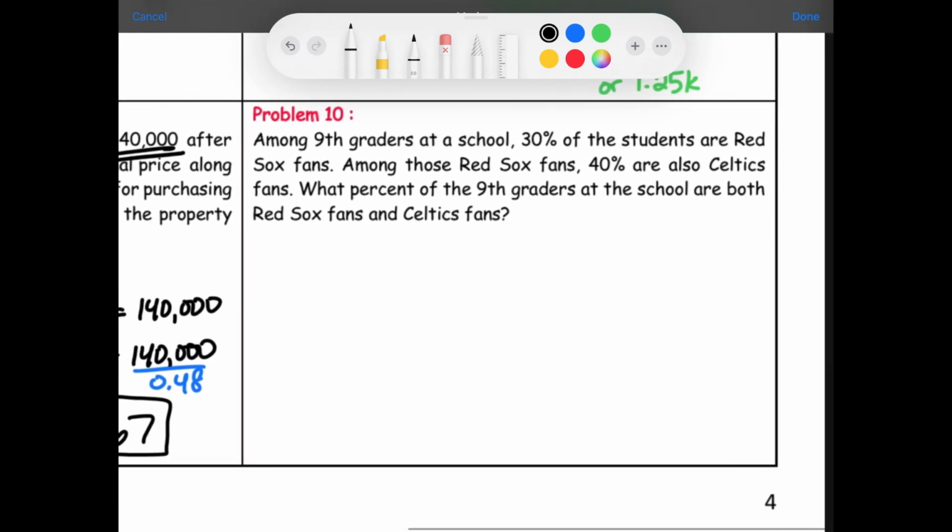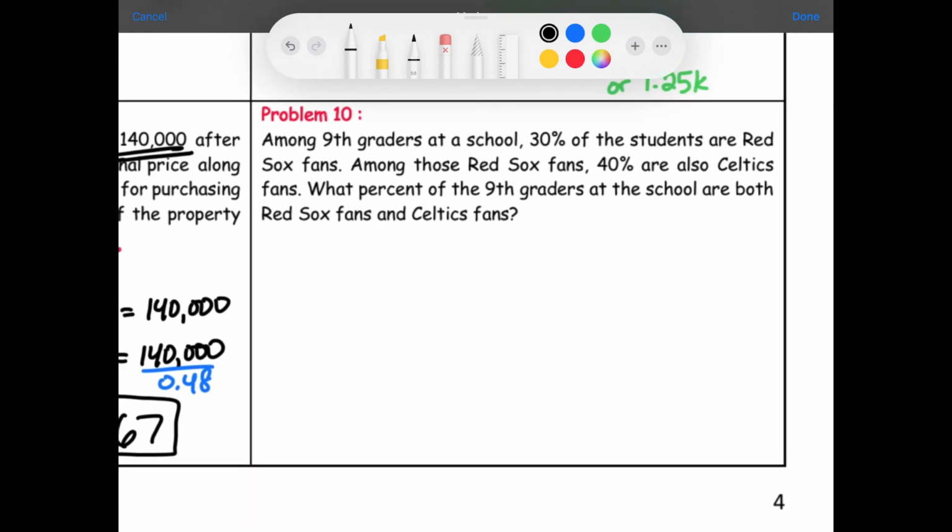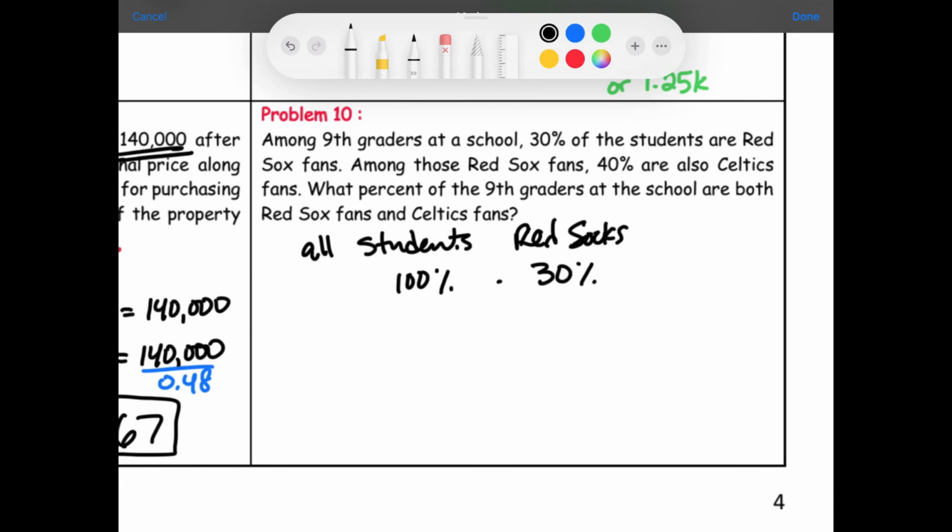Among ninth graders at school, 30% of them are Red Sox fans. Of those Red Sox fans, 40% are also Celtics fans. So if we want to know which ones are both, so let's say all students are 100%, right? But only 30% of them are Red Sox fans. So we would multiply 30% times 100%, but we would be doing these as decimals. And then of those, how many are also Celtics fans?